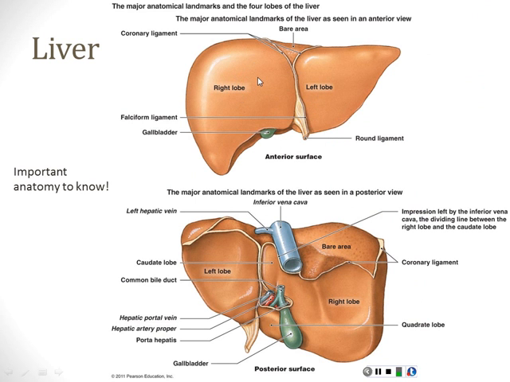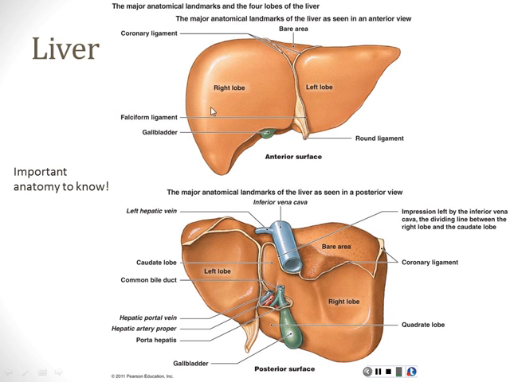Note that they're not symmetric, right? The right lobe is quite a bit larger than the left lobe. Dividing the right and left is the falciform ligament, which has the round ligament at the bottom of it. The round ligament is what is left of the umbilical vein. So it actually goes all the way to the umbilicus, or all the way to the navel.